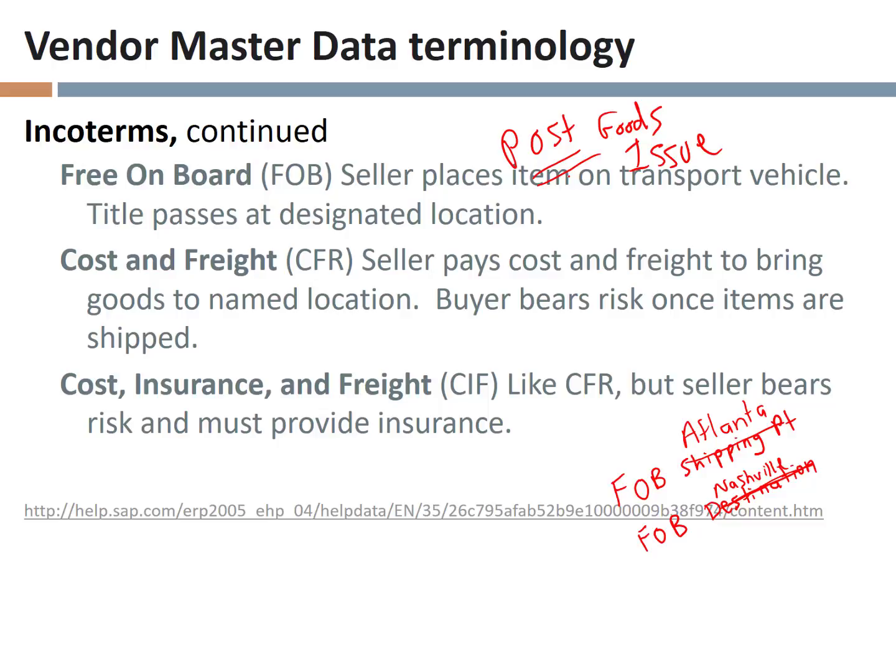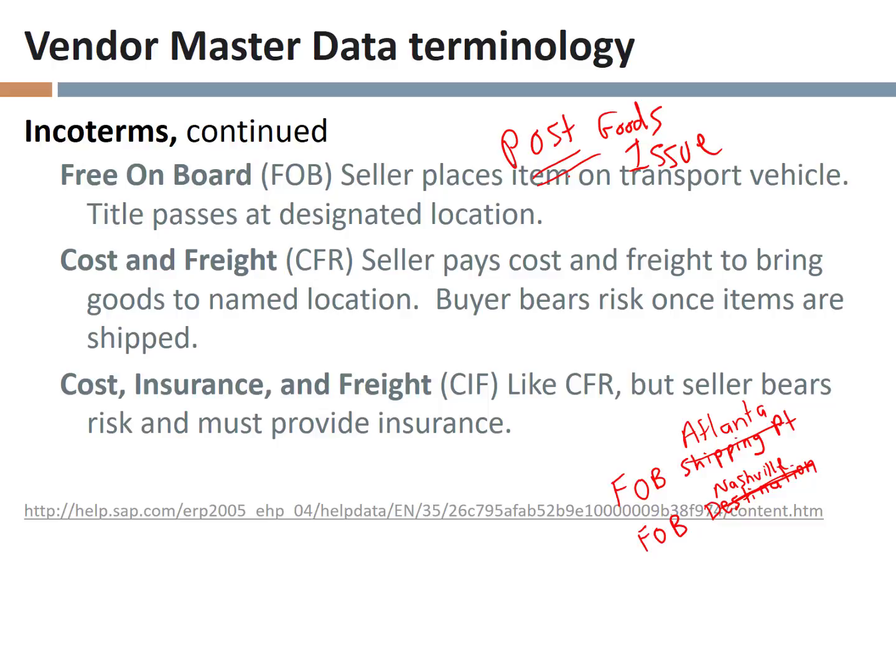It's very much going to depend on our organization, practices common to our industry, things like how sensitive the materials are. If I'm shipping tightly regulated pharmaceutical products, I probably keep very, very tight reins on that, and I want to make sure that it's very precise as far as when title passes.